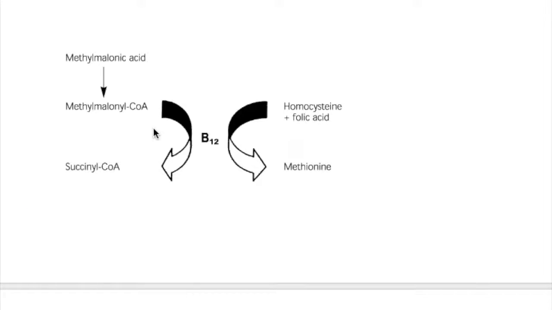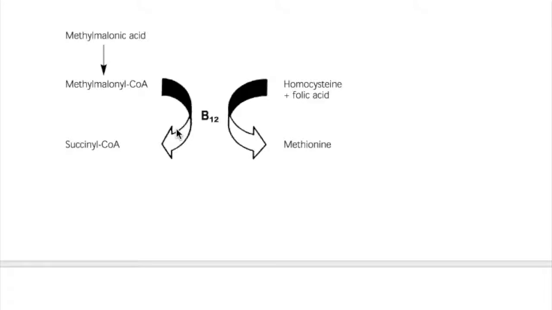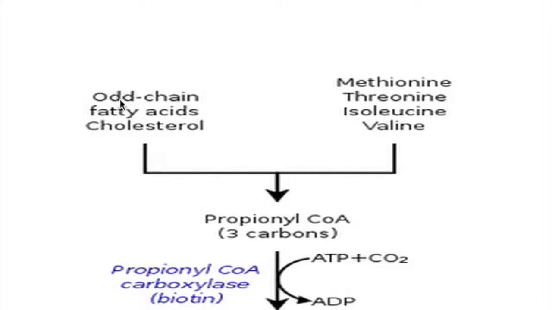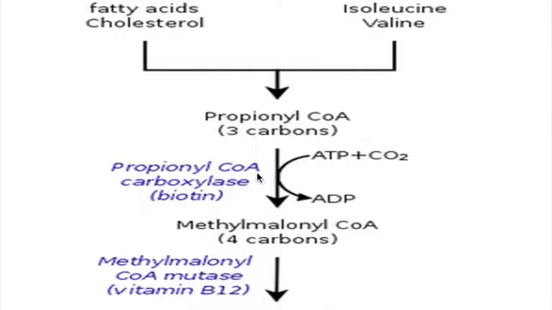The other action of vitamin B12 is the conversion of methylmalonyl-CoA to succinyl-CoA. Deficiency of vitamin B12 causes defective myelin. So all these odd chain fatty acids from acetyl-CoA and from cholesterol and also from methionine, threonine, isoleucine, are converted to propionyl-CoA, which is a 3-carbon compound, takes a carbon and an ATP, and converts into methylmalonyl-CoA.